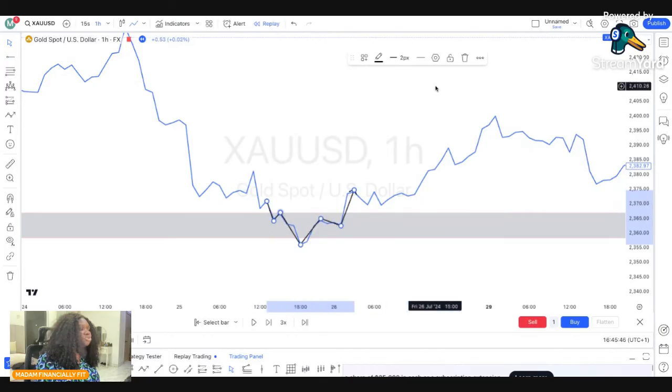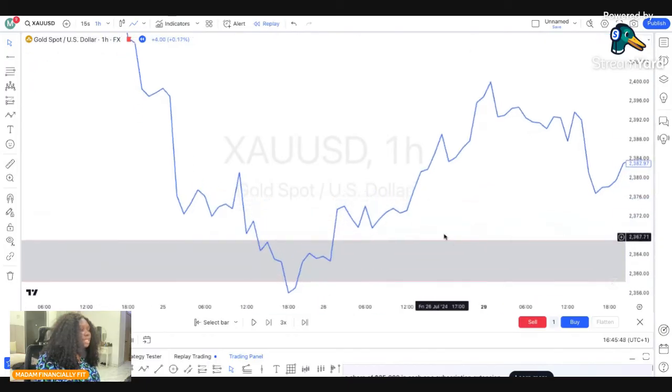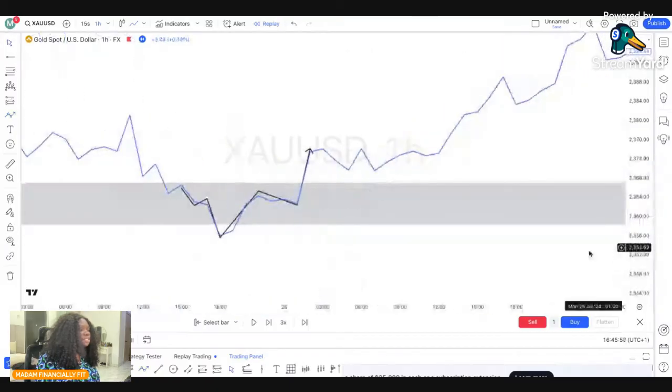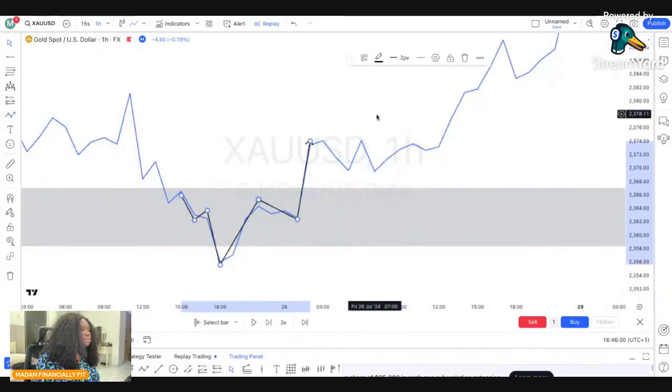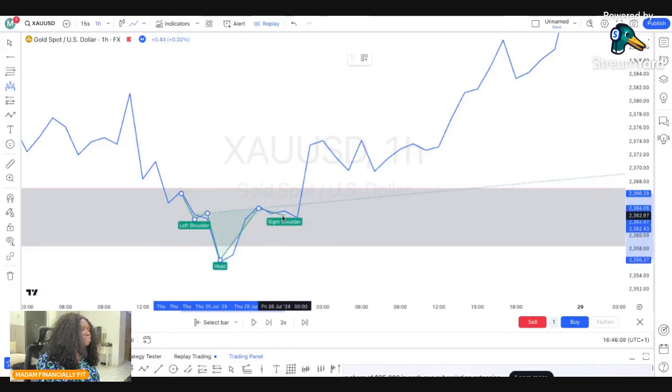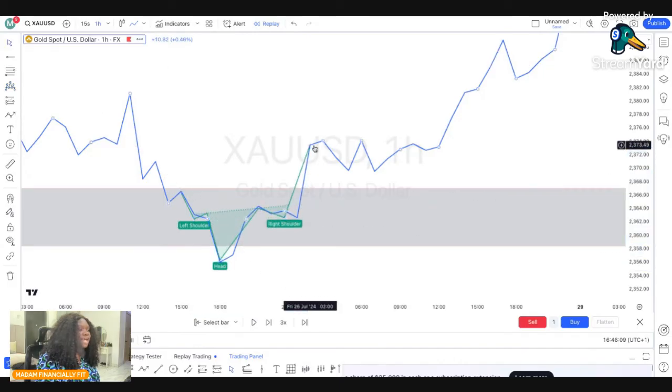Although this will not show you what you're looking for in candles, you want to see more. So this is clearly the head and shoulders we're looking for. If you're not used to looking at a line chart, you would miss it. So you see how I use left, head, and right shoulder to enter this trade. Now change it back to candles.